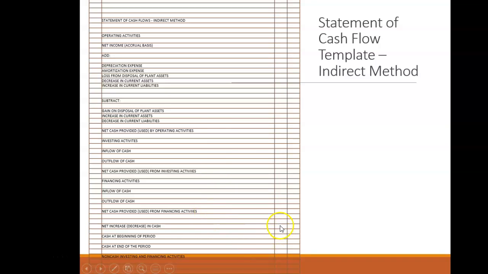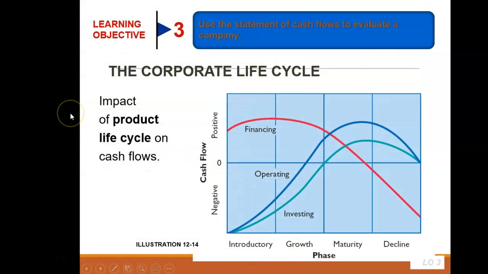Then show your net overall increase or decrease in cash. Show your beginning cash balance to get your ending cash balance. And then if applicable, you'll show any non-cash investing and financing activity. So again, this sheet is under the Week 8 module on the Blackboard site, and you can use this as a template in preparing your statement of cash flow.